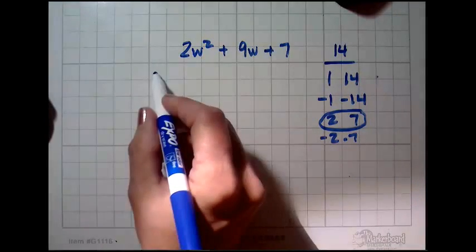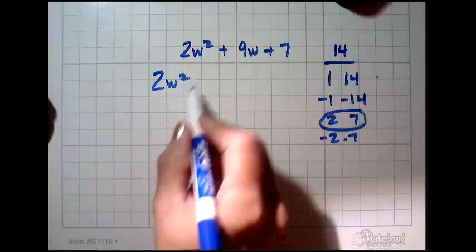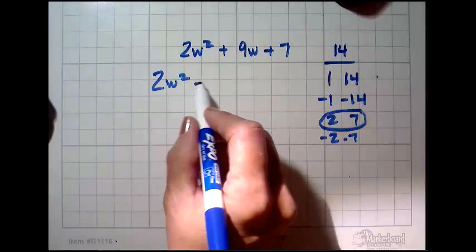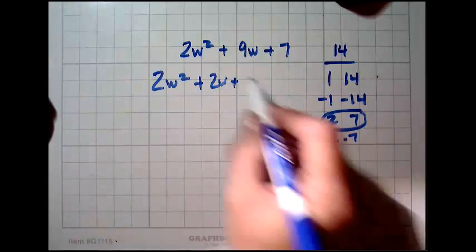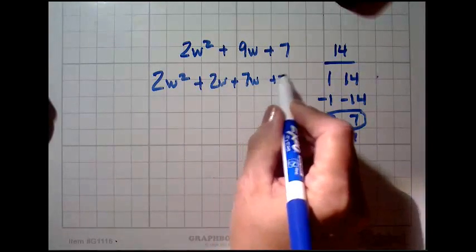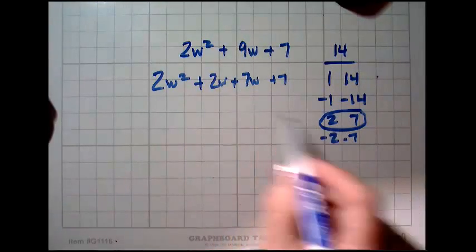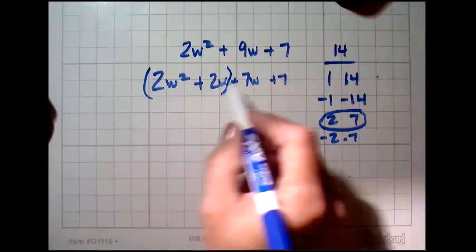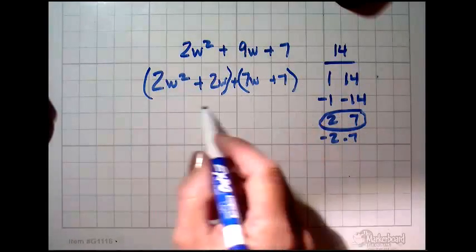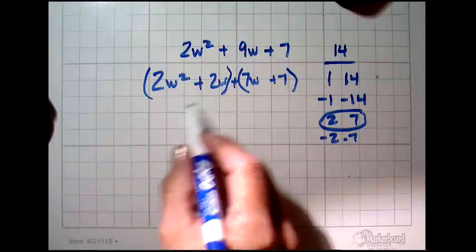Let's rewrite this expression into 2w squared plus 2w plus 7w plus 7. Again, 7w and 2w give me 9w. I've not changed a thing. I just made it look a little bit different. So look at 2w squared and 2w.